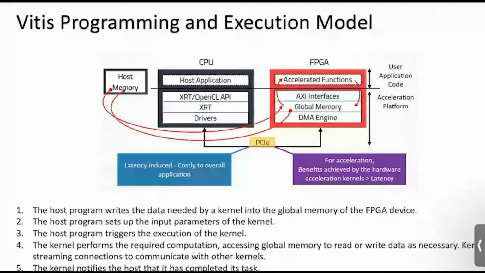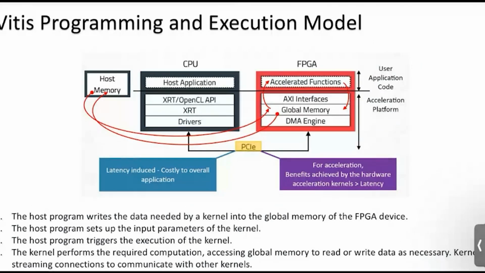Okay, basically, this is the Vitis computing execution model. When you have an application that originally runs on the host CPU, and you want to move your kernel function to the FPGA, the host program first prepares the data and puts it into the host memory.